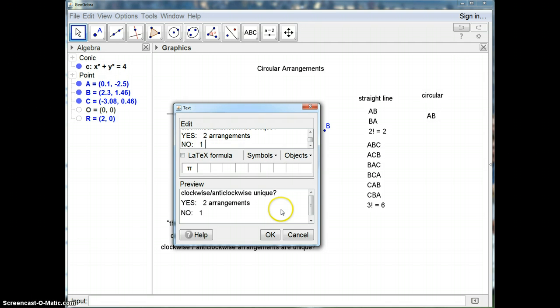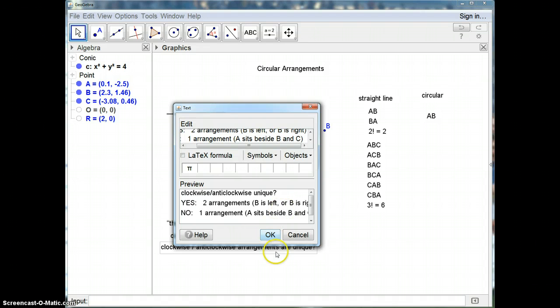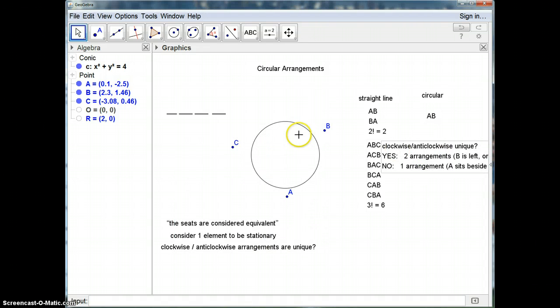If not, we only have one arrangement. Again, here it's B on the left or B on the right, and for this one, we just say A sits beside B and C. It doesn't matter who's on the left and who's on the right.